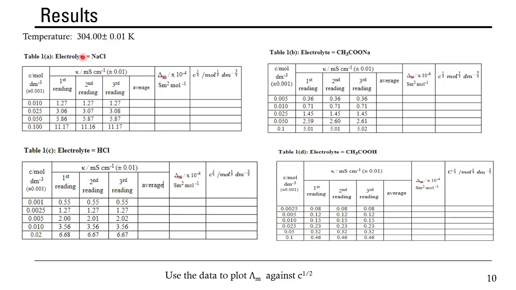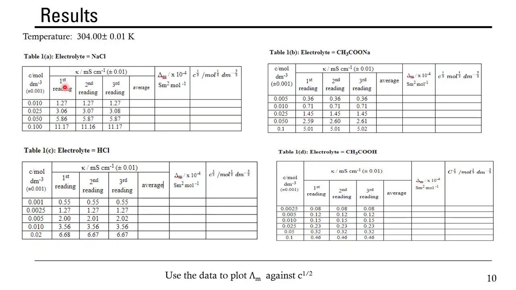And so these are the values for the various solutions. Okay, so as you can see here, they actually label the table, the caption at the top, as I mentioned. So the kappa here is also the same. Now if you look at the equation in your lab manual, the kappa is also the lambda.